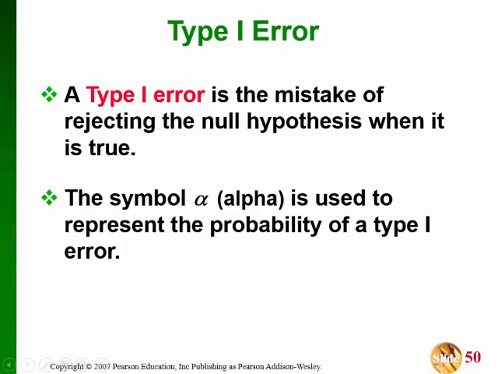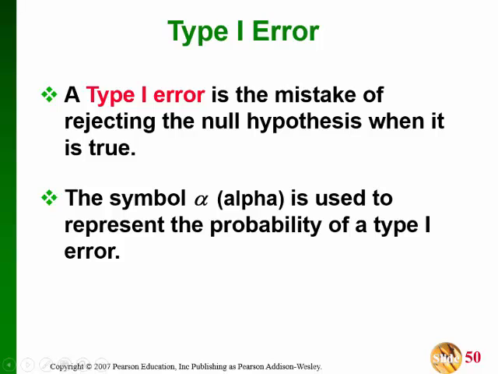And so we made our conclusion. So what if we did all that, but in reality, it was true? Then we made some sort of error. And that error comes built into this hypothesis test. Because there's always uncertainty in things, we just have to accept the fact that there are going to be some errors. And a type 1 error is an error of rejecting the null hypothesis when it was actually true.